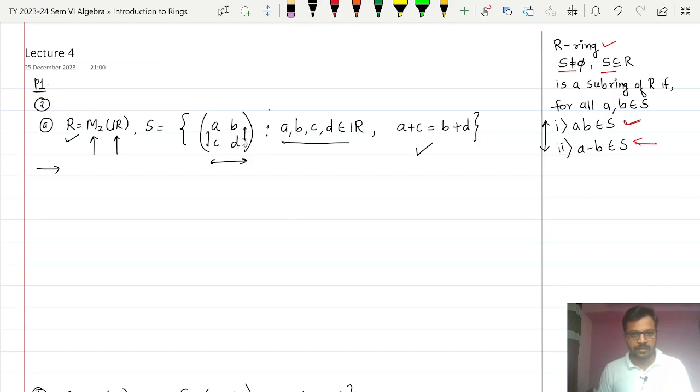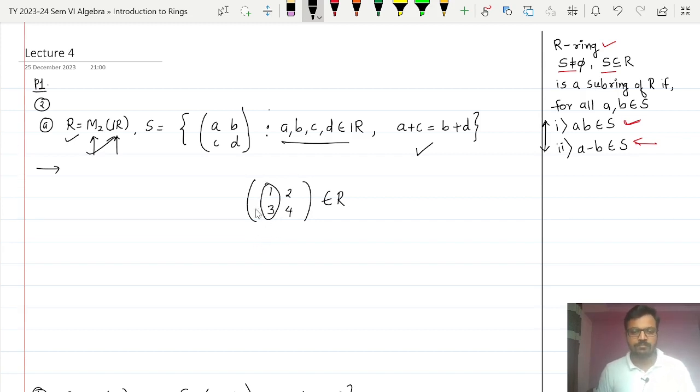For example, let us say I have 1, 2, 3, 4. It is a 2 by 2 matrix, no doubt about that, and the entries are also real. So this element is actually of R, where in our case the notation is M2 of R. Now the question is whether this element belongs to S or not.